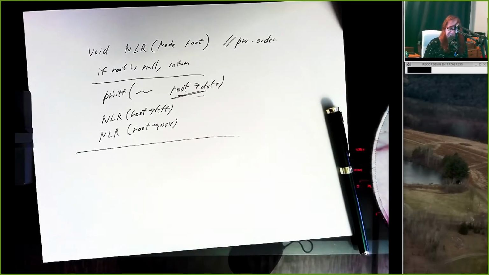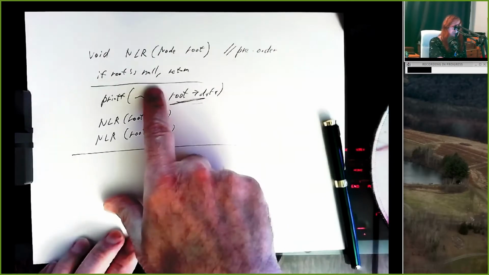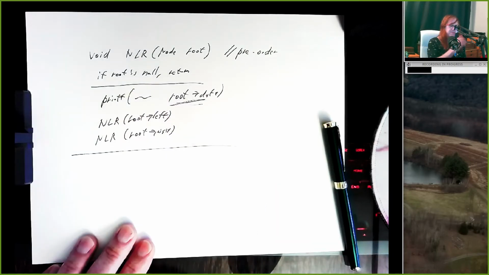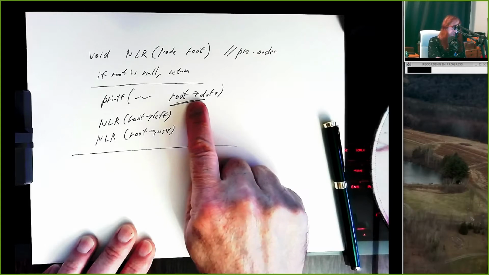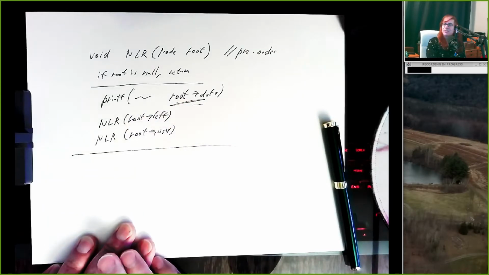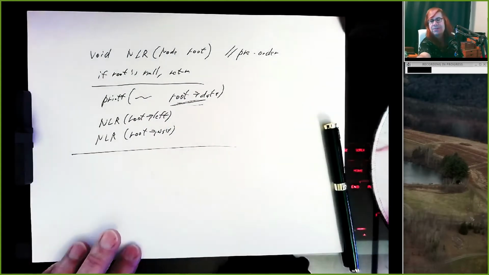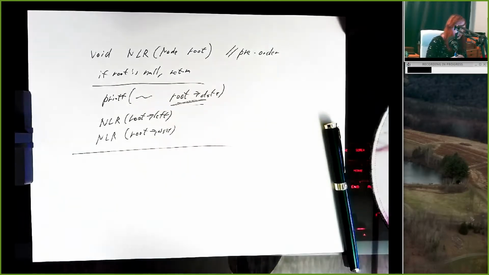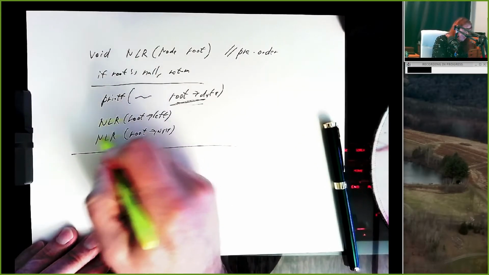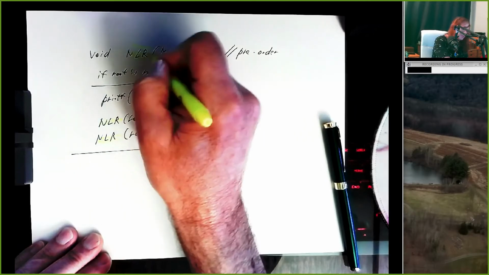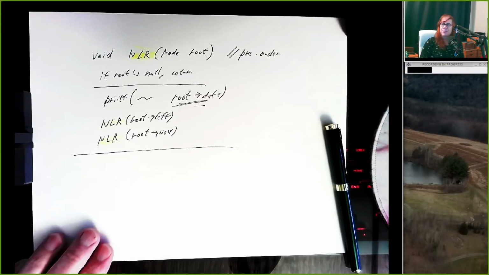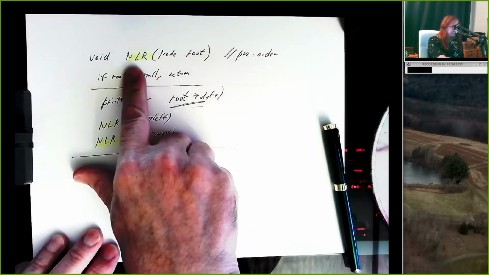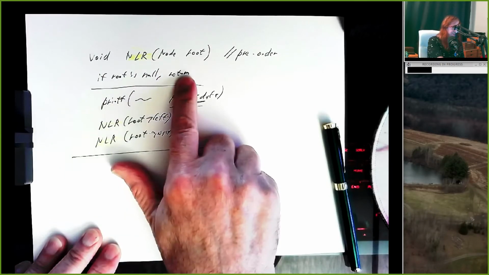So it's exactly a 4-line function: a base case to see if the root's null, and if it is, just kick out. Otherwise, print the data that's at the root, and then traverse the left and right subtrees using node left right. Why are we doing node left right? Because we're trying to write the function called node left right. If you want to do in order, left node right, this would be void left node right, if the root's null return.